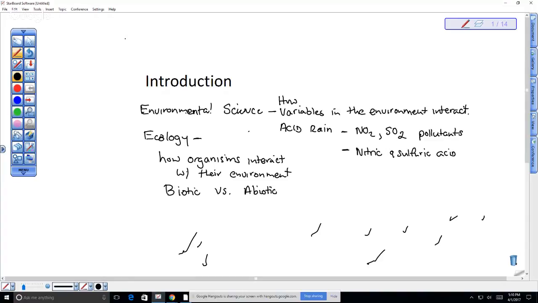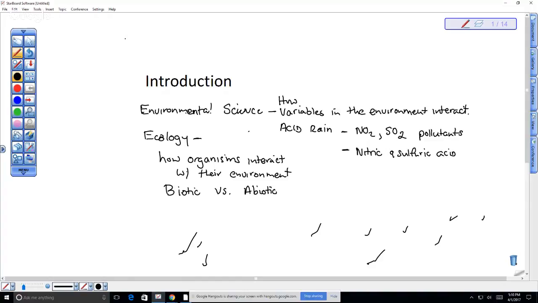And so ecology specifically deals with how living organisms interact with their prey and their predators and their mates and all the other living things in their environment, maybe even their parasites, their microbiome, the microbes that live inside them, as well as how they interact with their abiotic components. So that would be like temperature, humidity, rainfall, and those kinds of things.